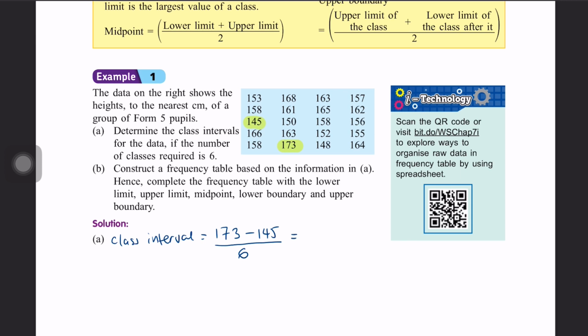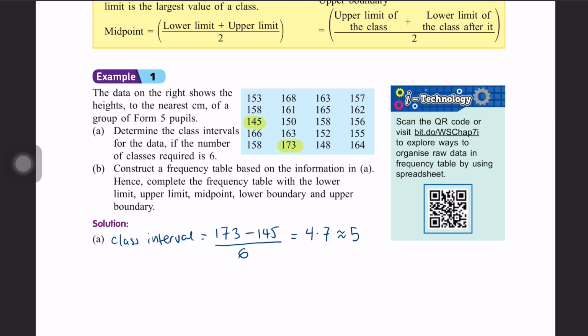Press your calculator, and we get 4.7. We round 4.7 up to 5. So it means our class interval must be 5.